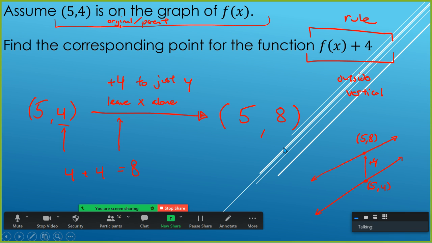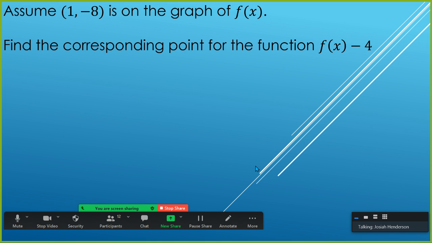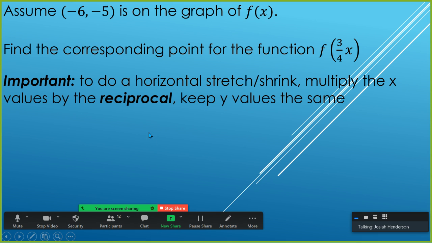Okay, no questions. Actually, I'm going to skip. Let's do some of the multiplying ones now, because I think these are the trickier ones. Now the rules are the same as last week. Keep that in mind. Things are a little different though when we're doing multiplying.